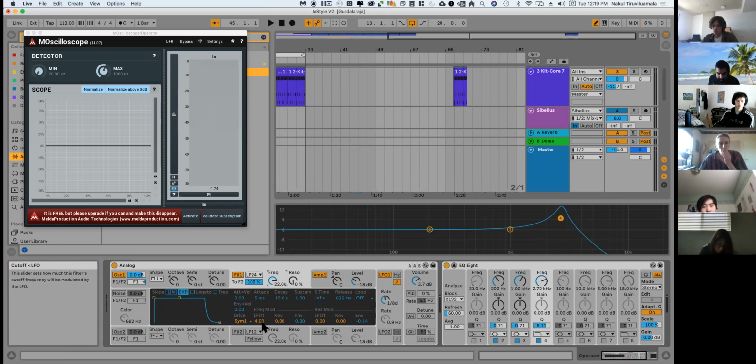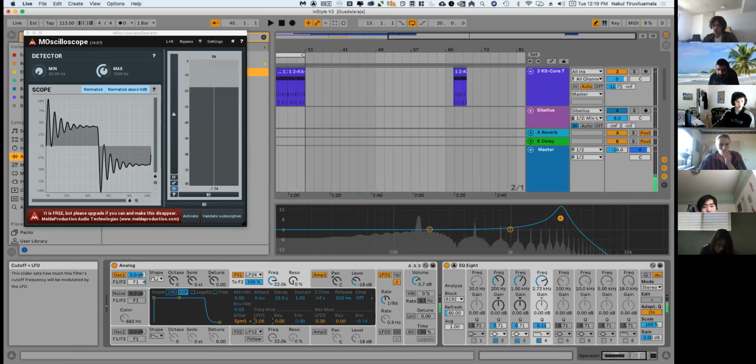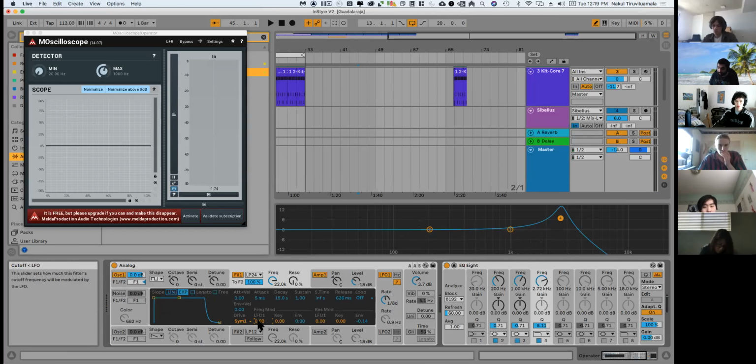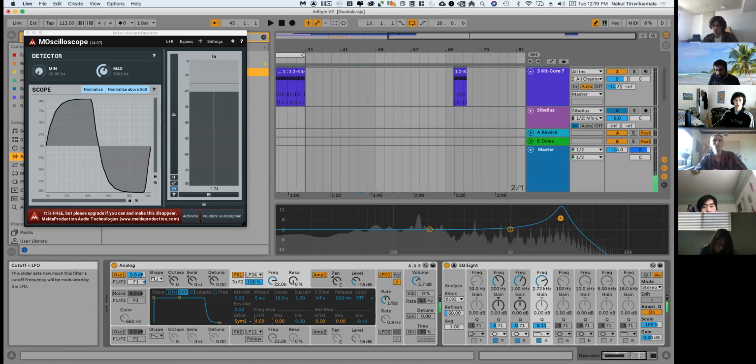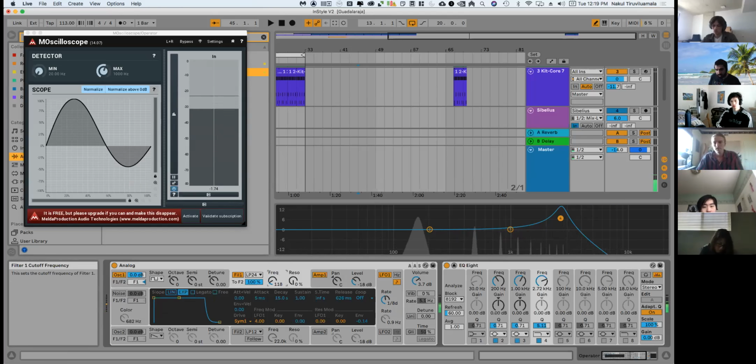You can set the depth of the modulation here, and on the analog synth that occurs on the parameter side. On the parameter you're trying to modulate, you find the control there, and you can control the value you're modulating around. If you set the value really high, you're modulating around this value. If you set the value really low, you're modulating around this value.